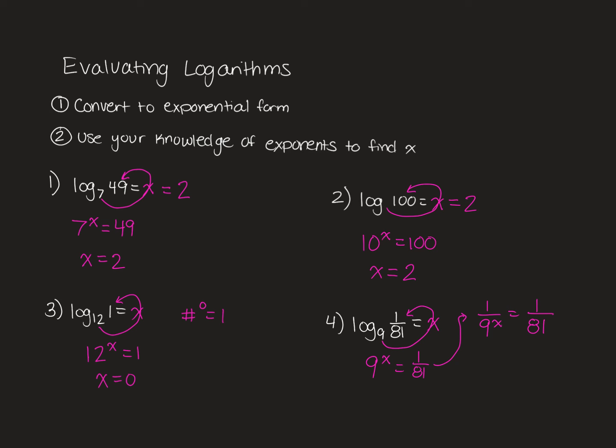It'll still be positive in the denominator. So now think, 9 to what power gives you 81? Well, squared. But since it drops to the denominator, then your x is equal to negative 2. 9 to the negative second is equal to 1 over 81.